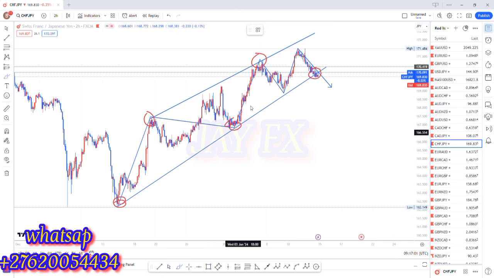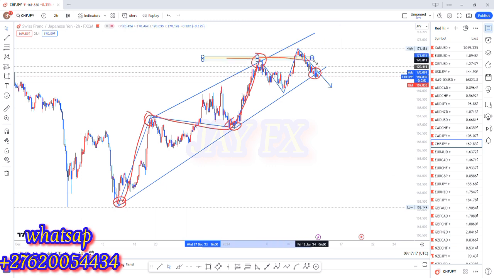When the market goes from this side, you can see when it was here, obviously it created resistance. Yes, resistance. The same way it created it somewhere here.